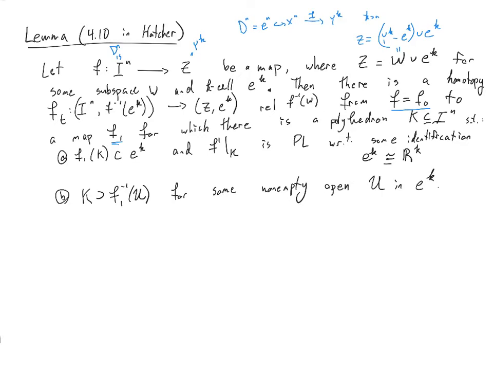And it's a homotopy of IN relative the preimage of whatever, or IN paired with the preimage of EK, so of that K cell, mapping to Z relative that K cell, so that's YK, right?